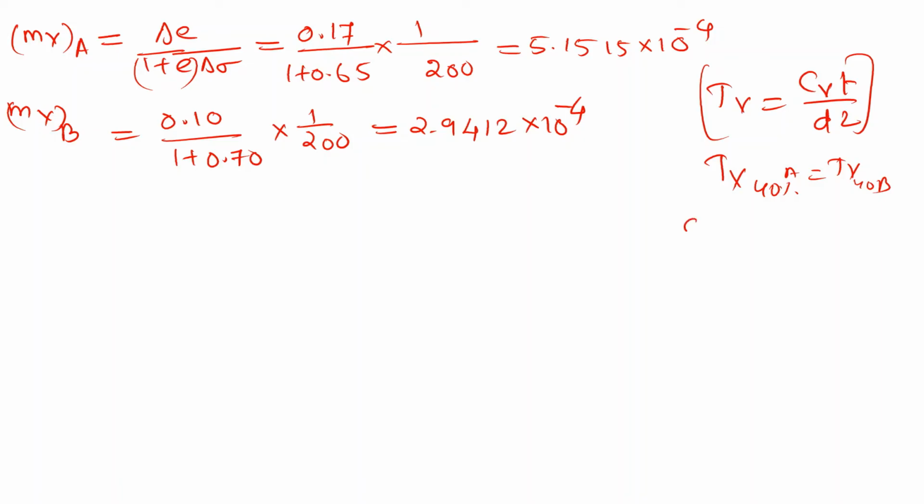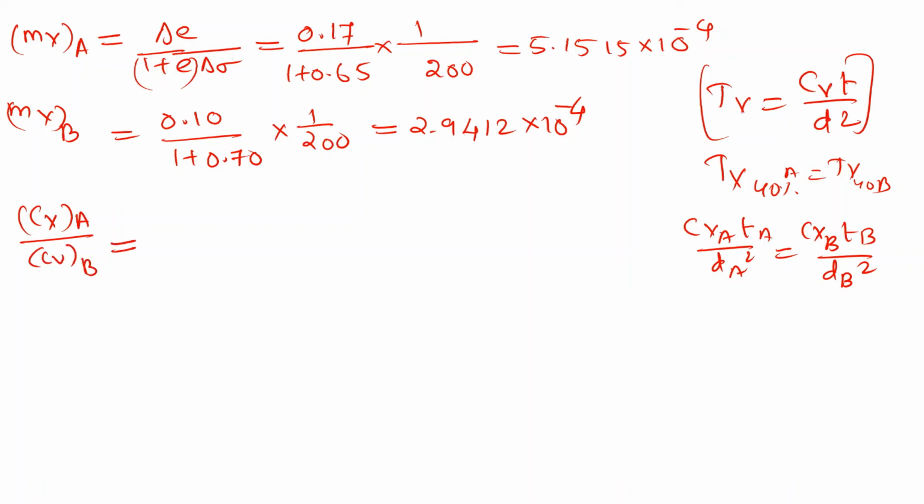From this condition we can write Cv of A into tA by dA square is equal to Cv of B into tB divided by dB square. From this, Cv of A to Cv of B is equal to dA square by dB square into tB by tA. Here d means the drainage path.